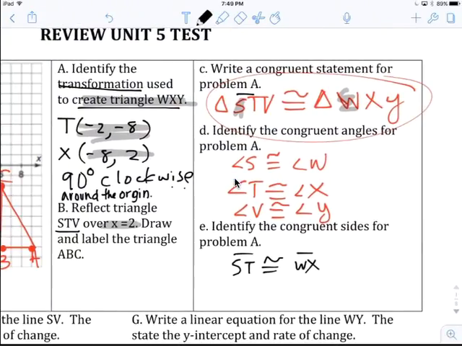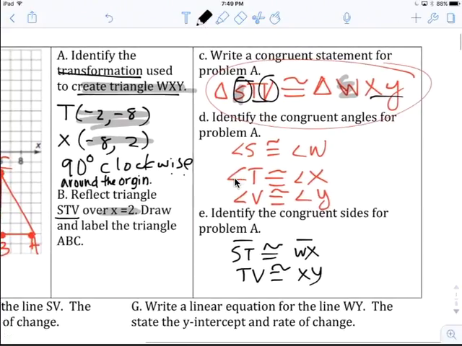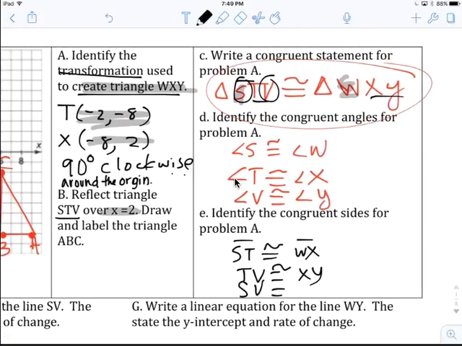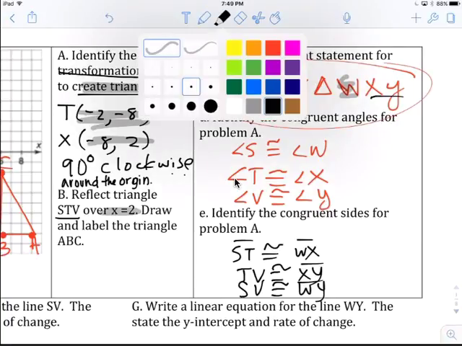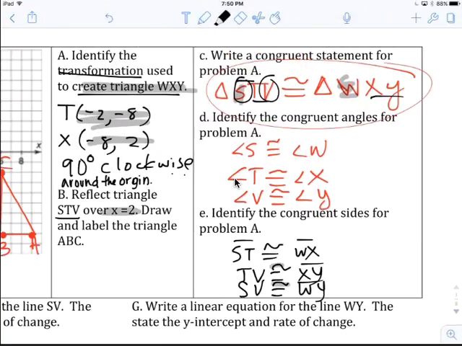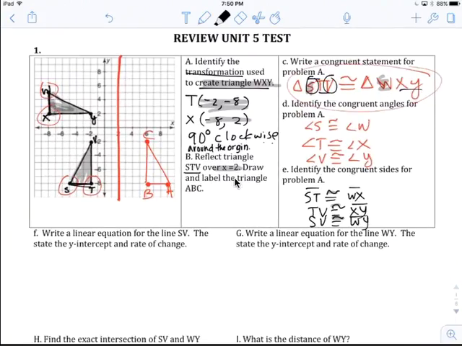I'm on the right track. TV is congruent to XY. And the last one is SV, WY. Line segment. Don't forget the line segment, and don't forget this little squiggly line, okay, for congruent to.